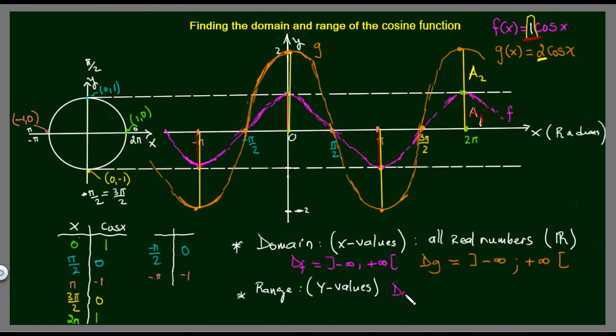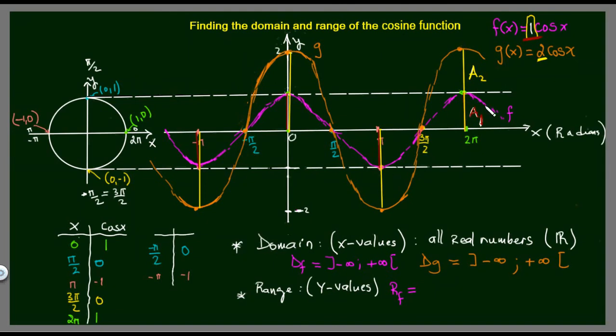its range, which I write as rf for range, the range of f will be equal to, so you can see f is describing a curve going from -1 to 1 and so on.